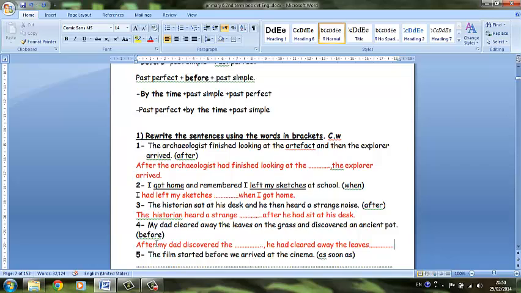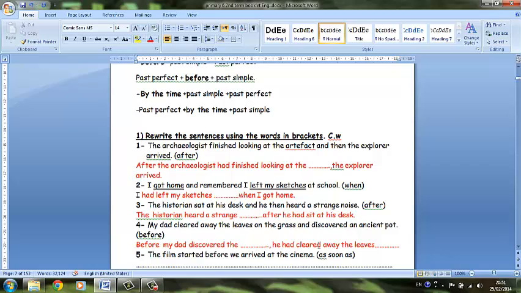Very good. So after... how after? Sorry. It's before. So before my dad discovered the ancient pot, what happened? He had cleared away the leaves.